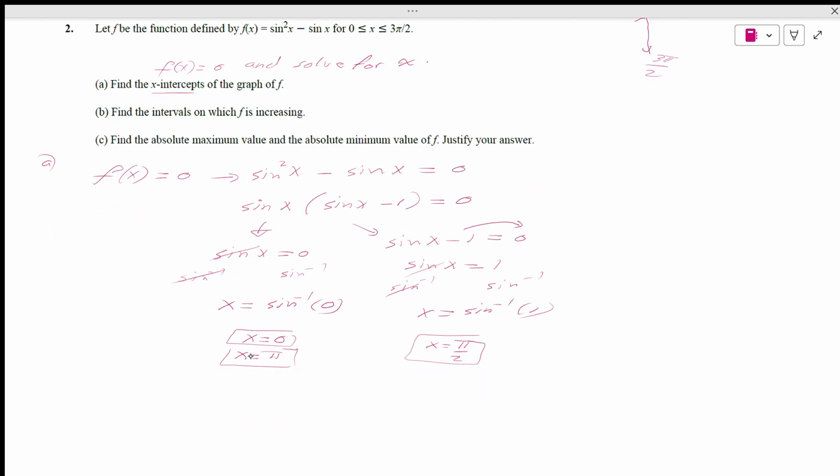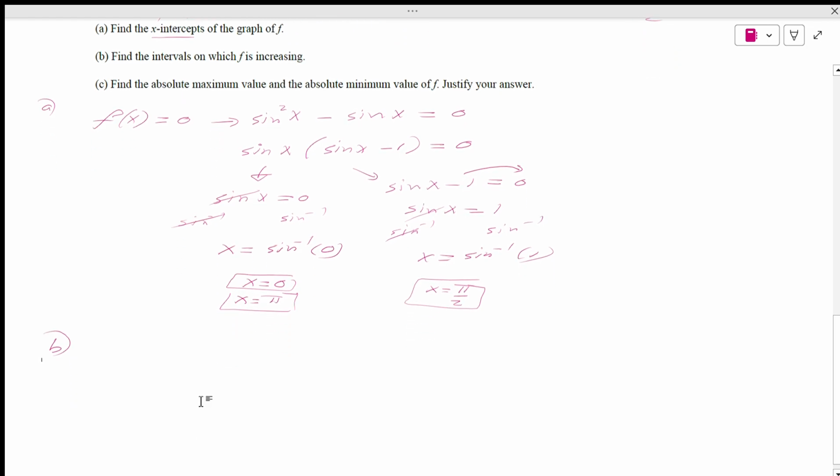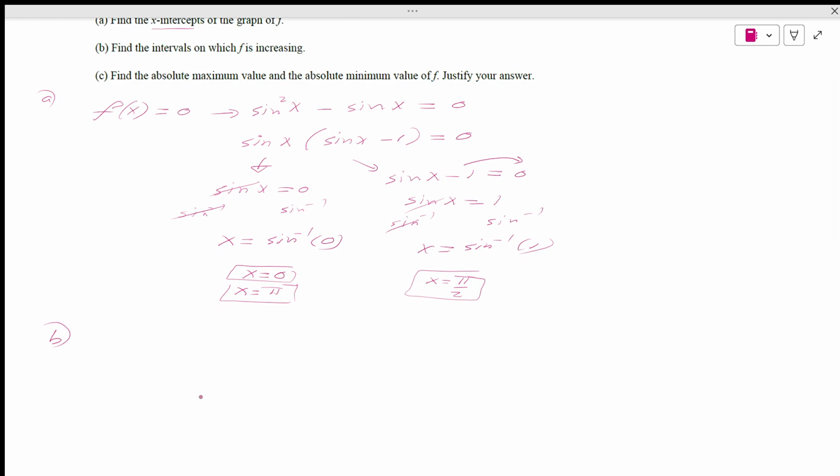Now in part B it says find the intervals in which f is increasing. You will find the derivative. So f prime of x equals, you will apply the chain rule. So it's 2 sine of x.